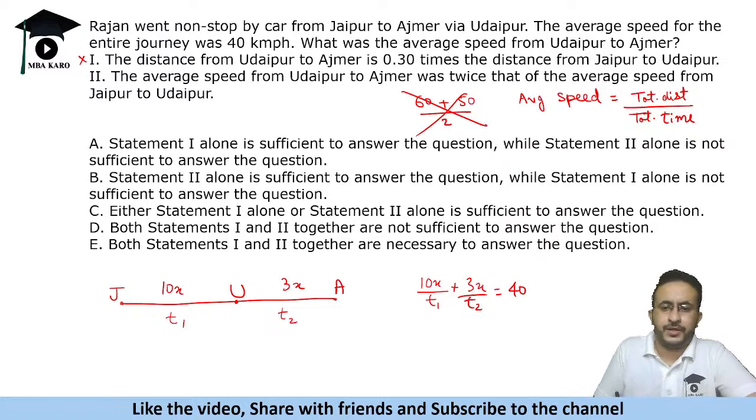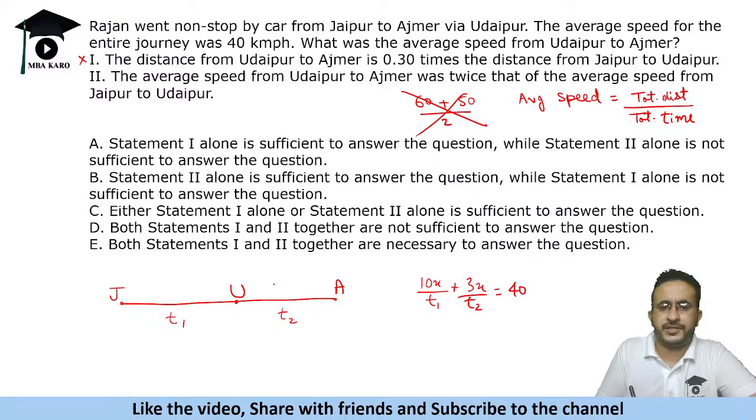Now, if we take the second statement, we will not consider this as 10x, 3x. It says the average speed from Udaipur to Ajmer was twice that of the average speed from Jaipur to Udaipur.